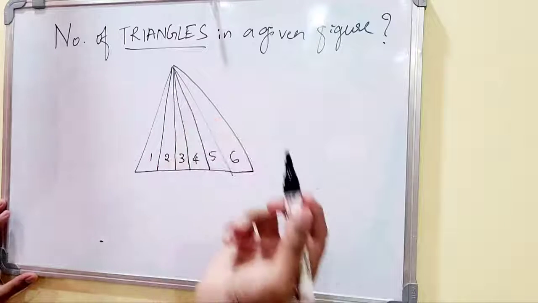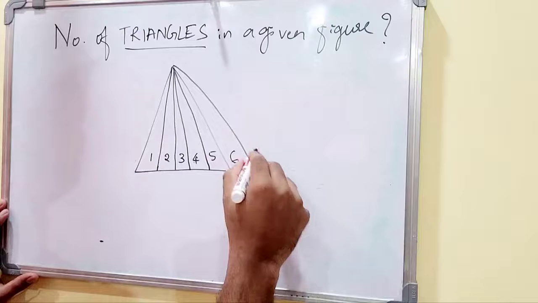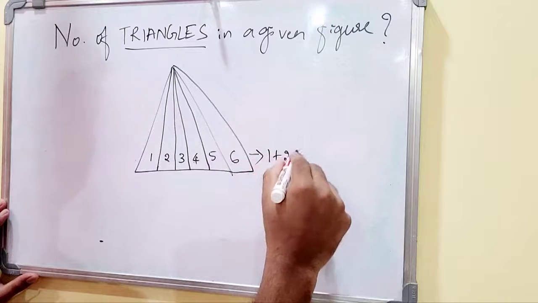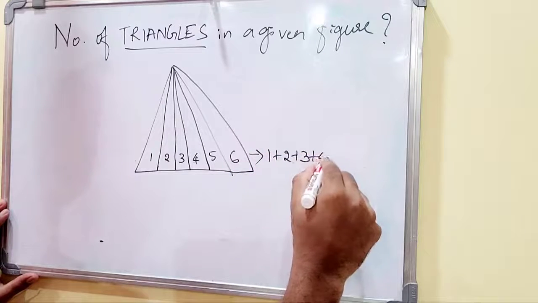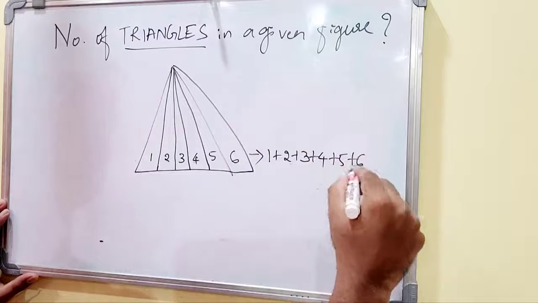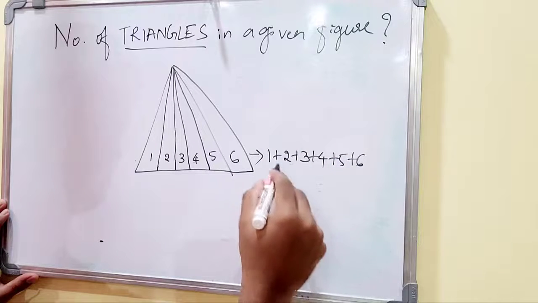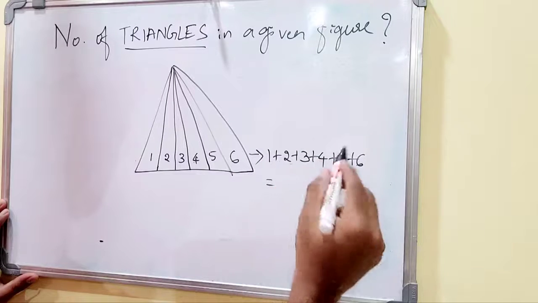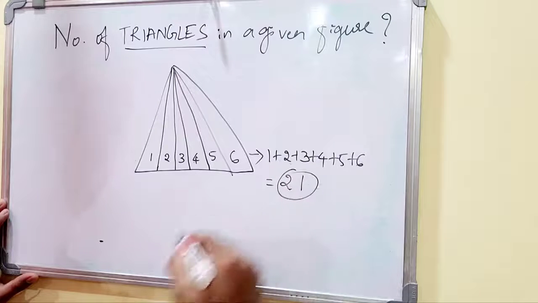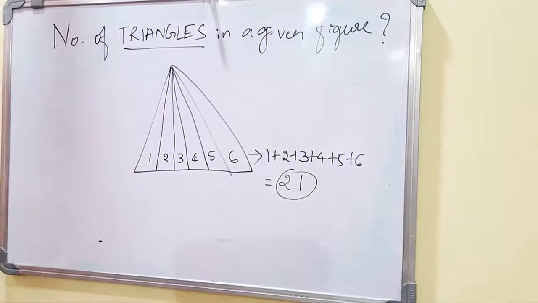And in order to get the total number of triangles in the given figure, you have to just add them. 1 plus 2 plus 3 plus 4 plus 5 plus 6: 6, 10, 15, 21. There are 21 triangles in the given figure.